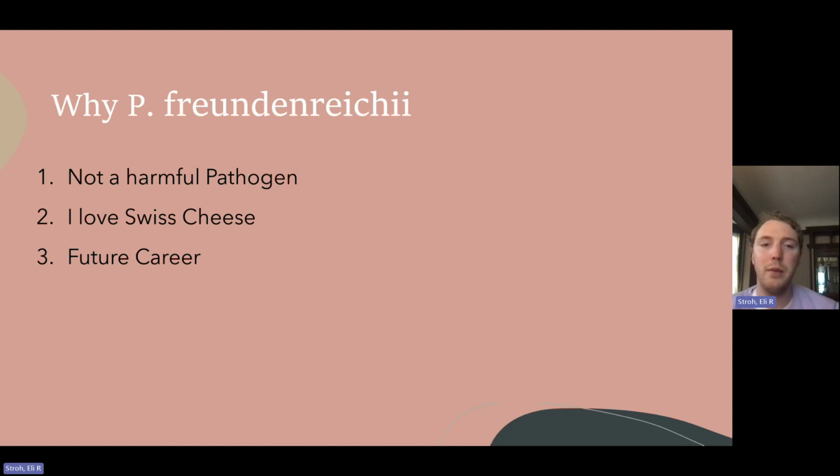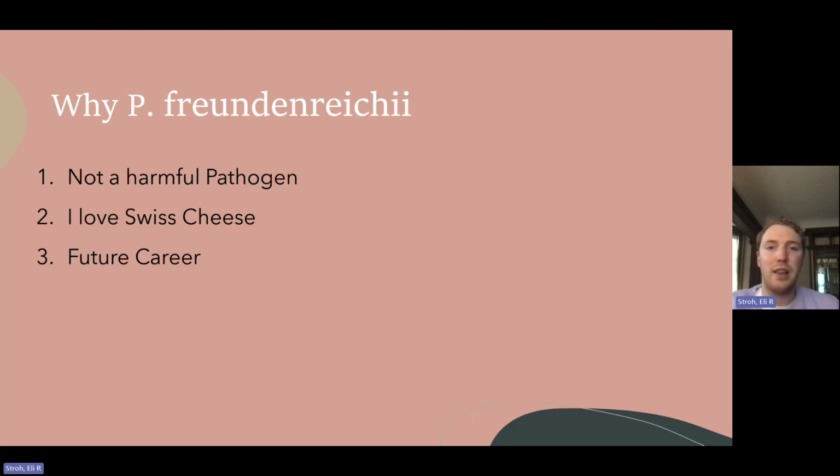So why did I pick P. freudenreichii? One, I have worked in the hospital setting and know some of the bacteria and pathogens that arise in those types of settings, and I did not want to do a harmful pathogen. And so I was very happy to pick early and pick this microorganism. Second is I love Swiss cheese.